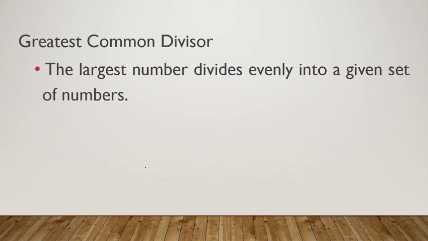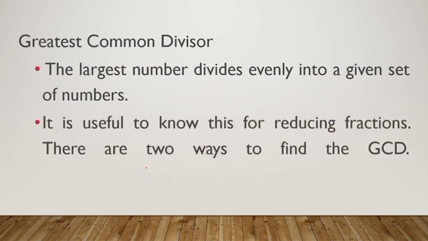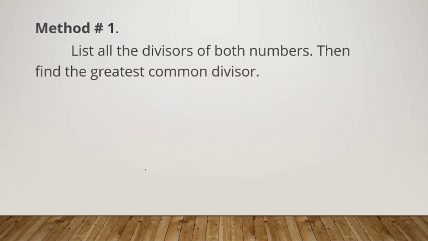The GCD is the largest number that divides evenly into a given set of numbers. It is useful to know this for reducing fractions. There are two ways to find the GCD. Method number 1. List all the divisors of both numbers, then find the greatest common divisor. So the divisors of 12 are 1 times 12, 2 times 6, and 3 times 4.